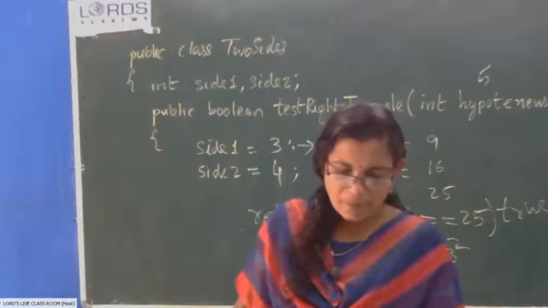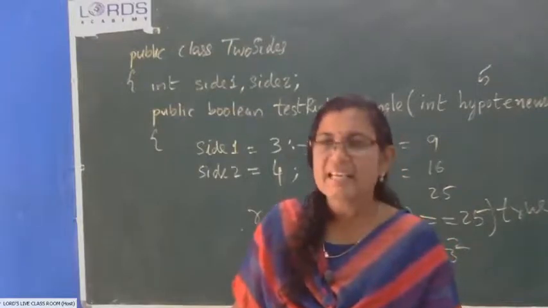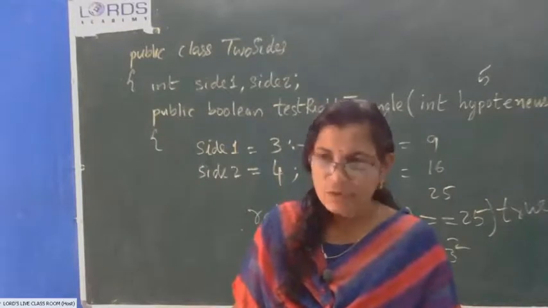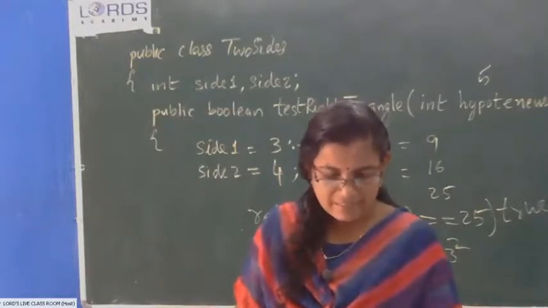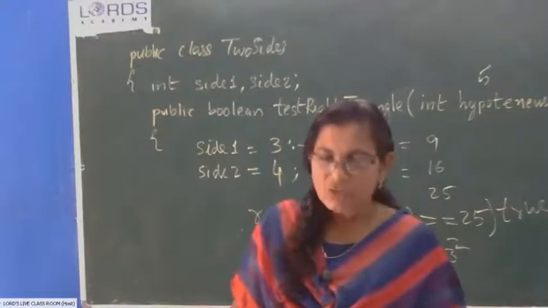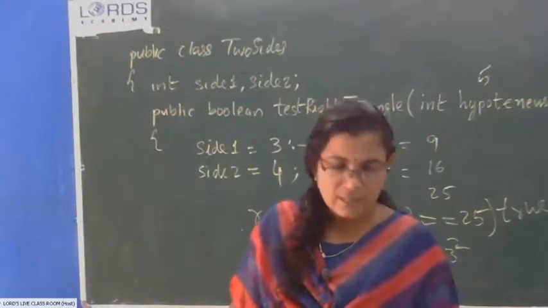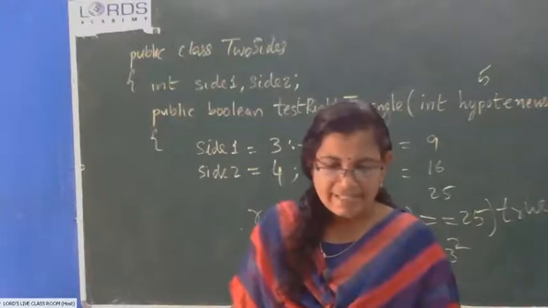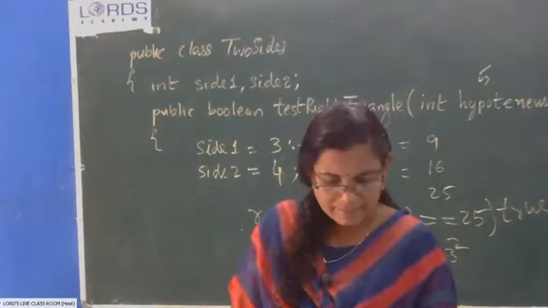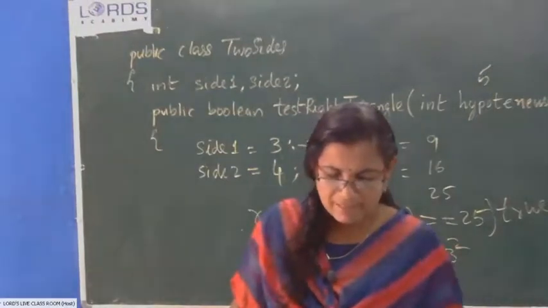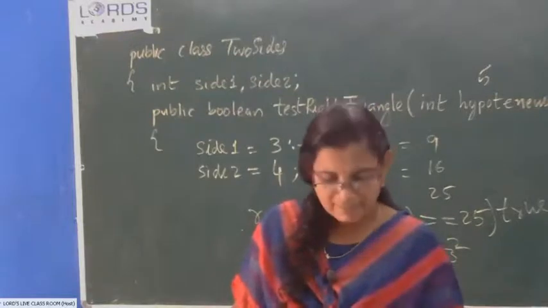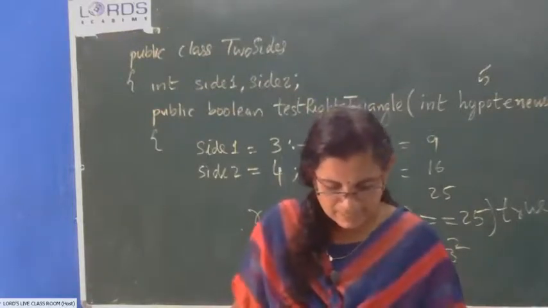We say the scope of an instance variable is the entire class definition. The scope refers to the section of code where the variables are available. Side 1 squared, side 2 squared and hypotenuse squared are local variables to the function test right angle, so they are available only in the test right angle method. Hypotenuse is a parameter variable for the test right angle method, so that is available only within that method. Till here only I am reading.